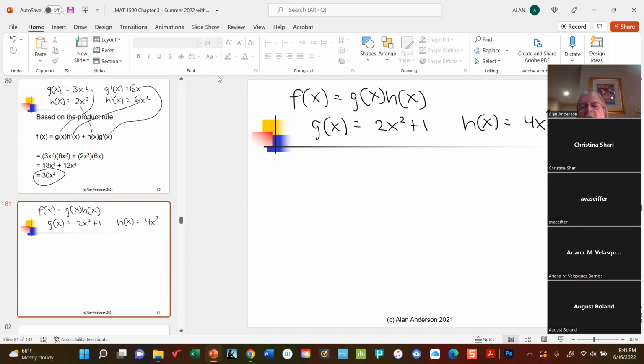Okay, so of course I will need g prime of x. Now, as far as that's concerned, what I can do here with a simple polynomial is apply whatever rule I need to each of these terms. So in other words, what I'm basically doing is calculating separately the derivative of 2x squared and 1 and adding them up. This one requires the power rule, 2 times 2x to the 2 minus 1. This is a constant, so you can just write it as 0.